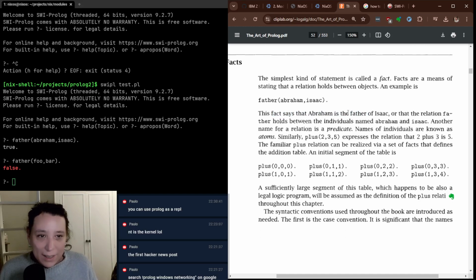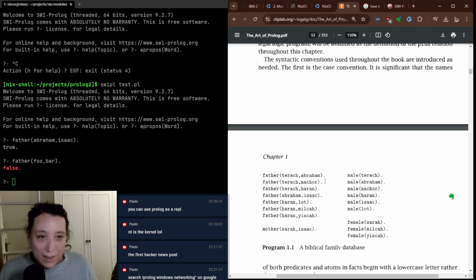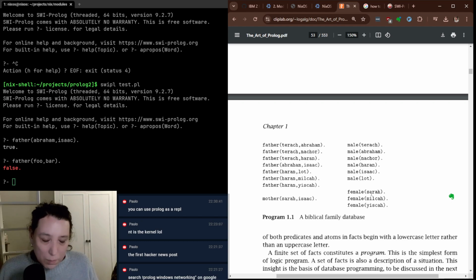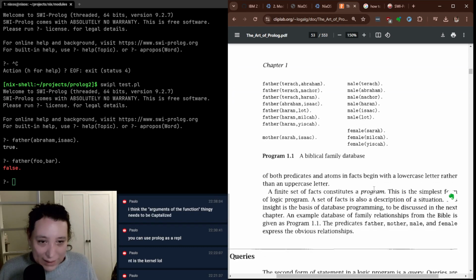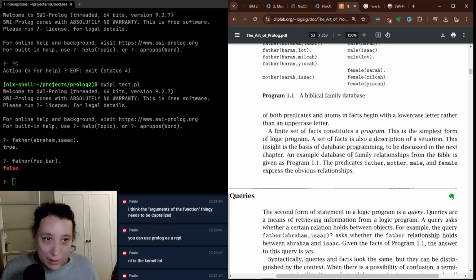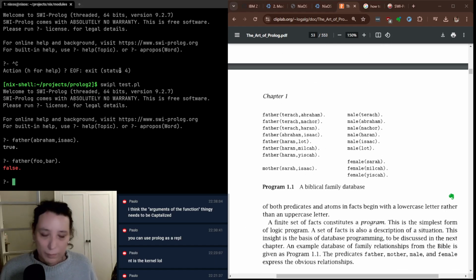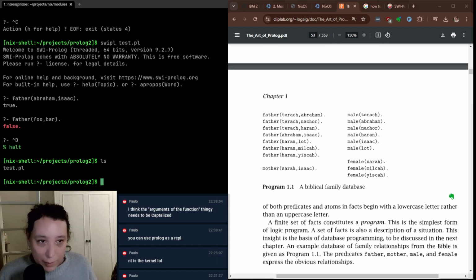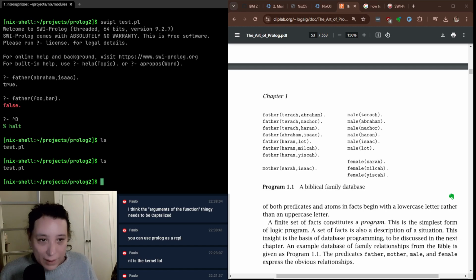This fact says Abraham. Yeah, we read all that. And then we have all of these, which I don't know. Do I want to type this in? Are we going to use it? Yeah, it looks like we're going to have to use it. So this is going to be a little bit of an annoying thing. We're going to call this family database.